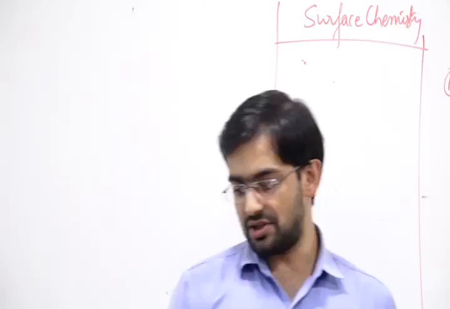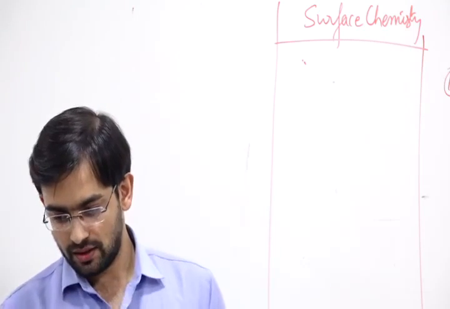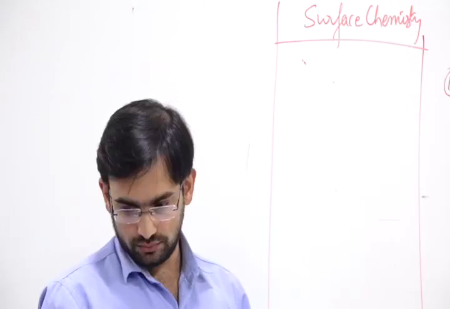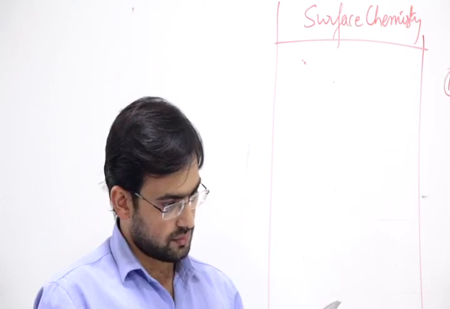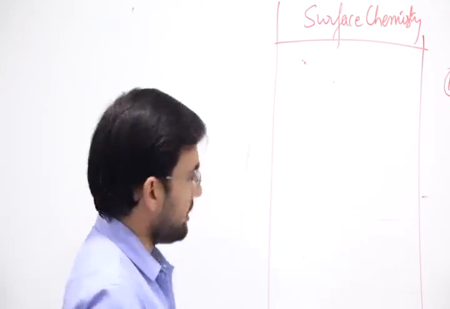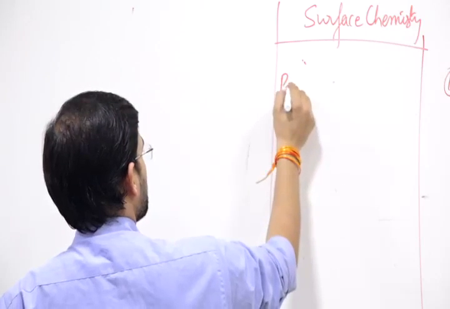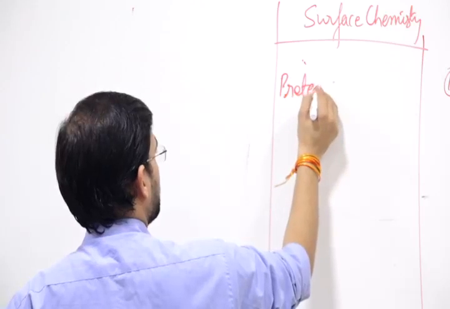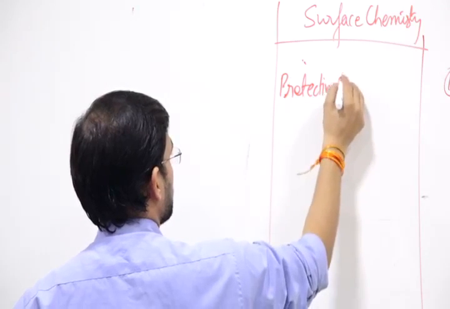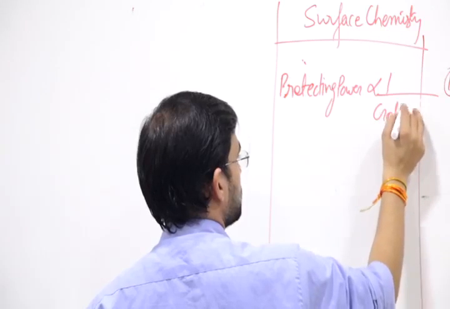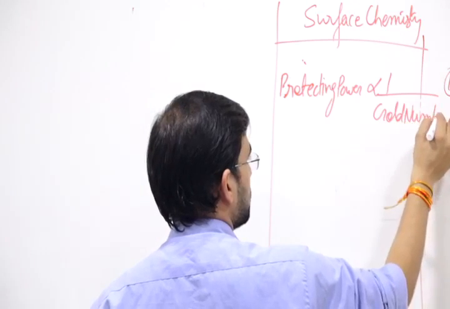Doubt in surface chemistry? Question number 4. Which of the following has the largest protecting power? So, protecting power is inversely proportional to gold number.